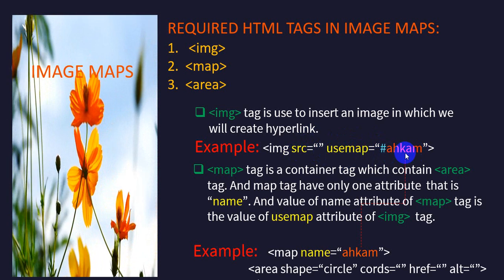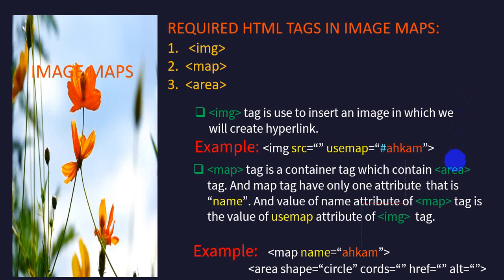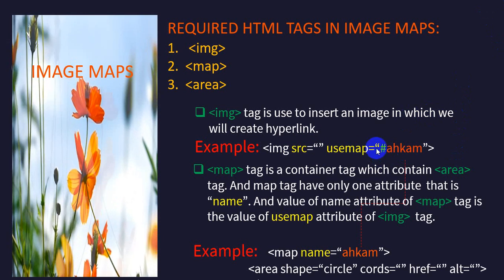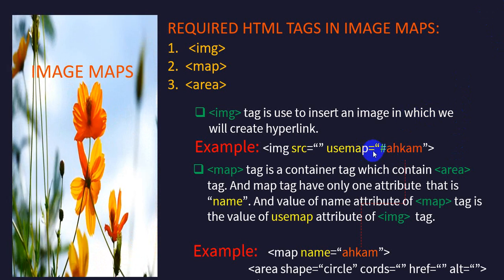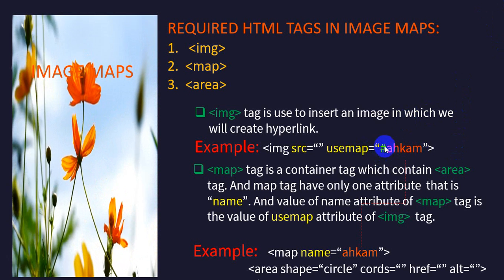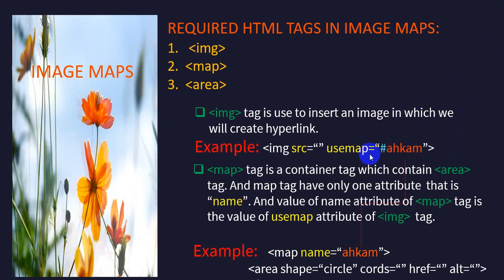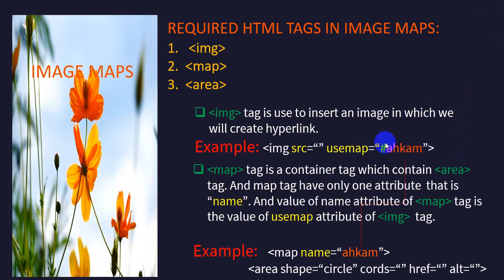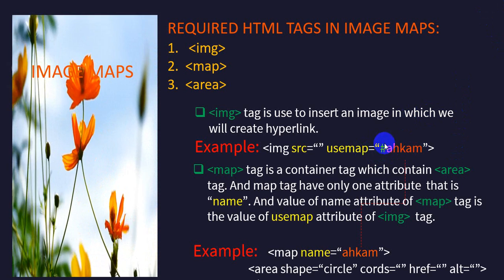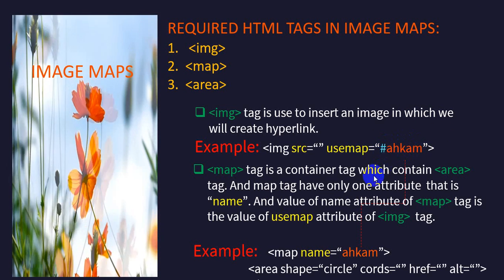This is very important, student. If you are not focusing on it, please pay attention here. usemap is an attribute, and the value of usemap is very important because this is the only value which starts with a hash symbol. If you are going to write the value for the usemap attribute, the first thing is that you have to write the hash symbol, because this value works as the ID of your map.